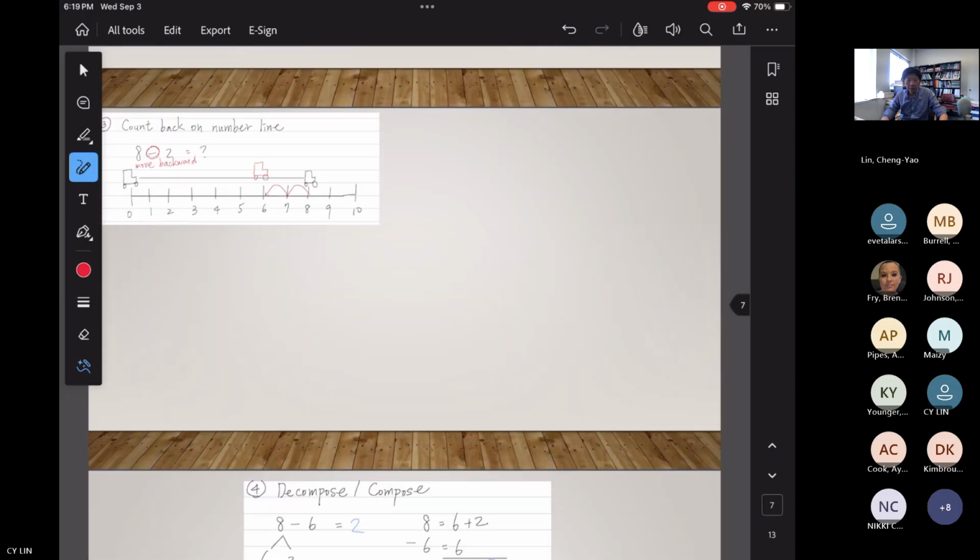Next one, come back on number line. Remember when we do addition, 8 plus 2, right? That means we start from 8. Addition, that means forward, moving another 2 units, positive units, right?